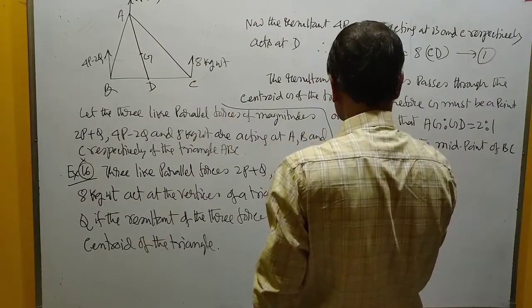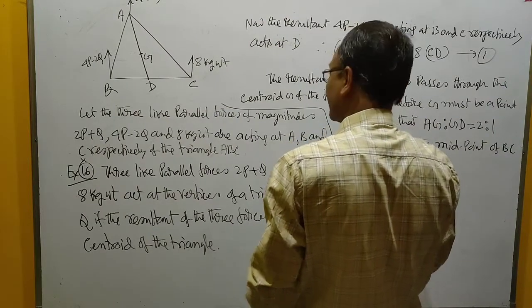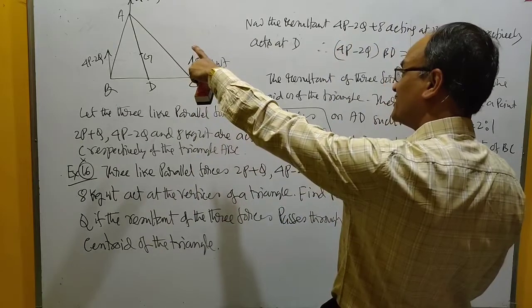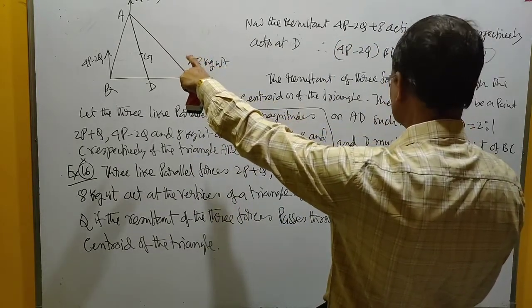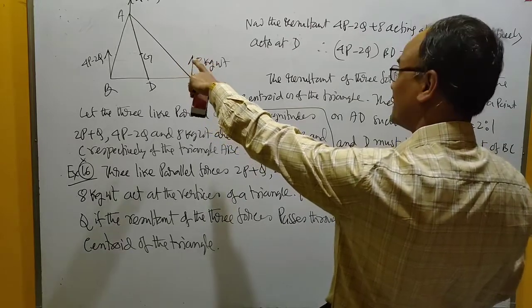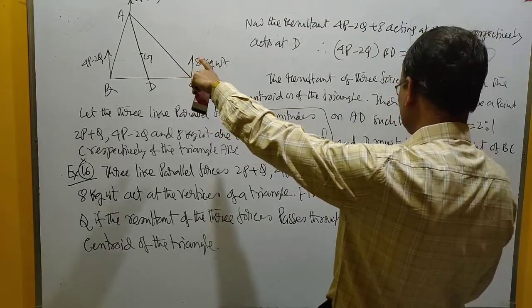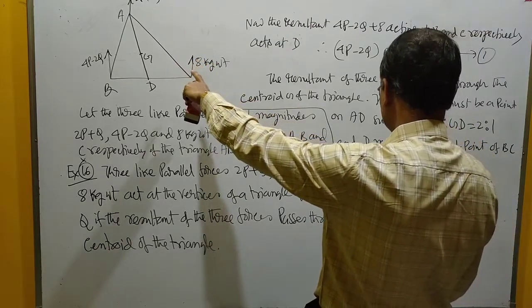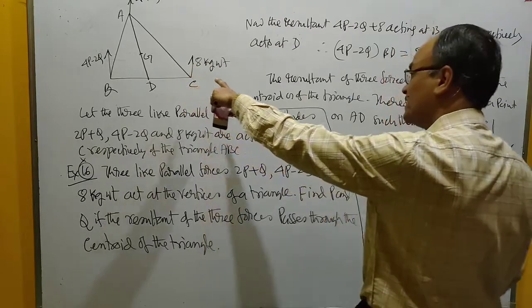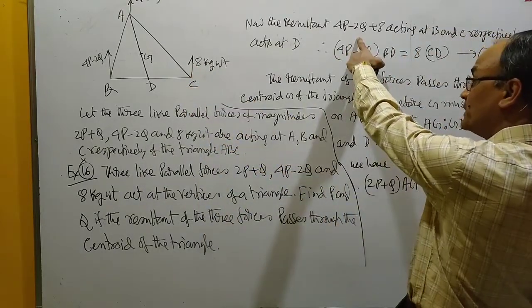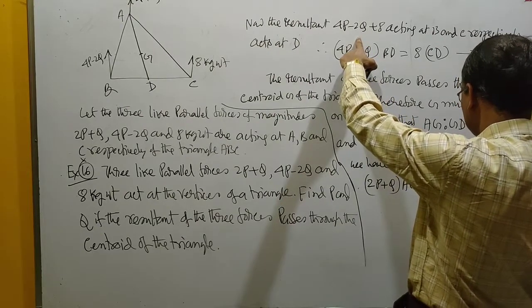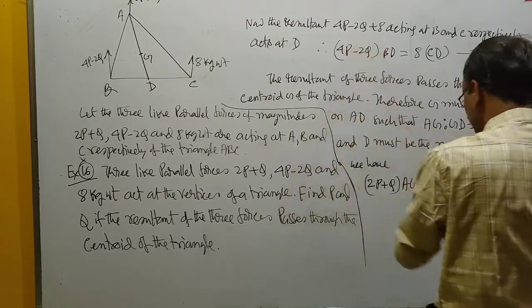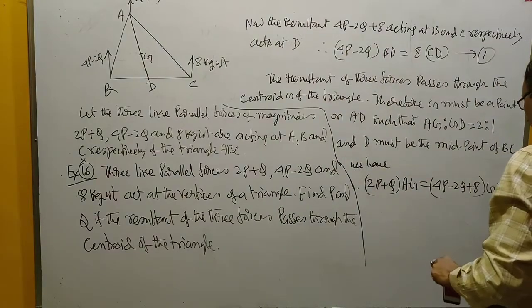We have the resultant twice P plus Q into AG should be equal to 4P minus twice Q plus 8 into GD.